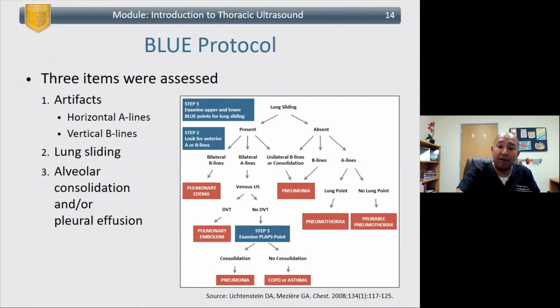And it really starts off with ruling out pneumothorax. And we could do that by looking at lung sliding. If you have lung sliding, thumbs up, you don't have a pneumothorax. It's the lack of that really makes you worrisome. And based upon that, we're going to use these artifacts such as A lines and B lines to figure out, hey, if you have bilateral B lines, well, I mentioned it could be like a pulmonary edema.